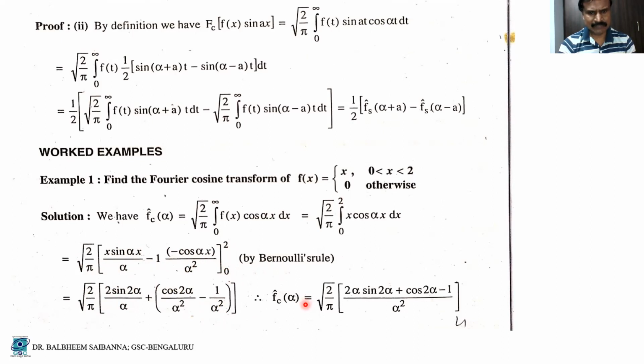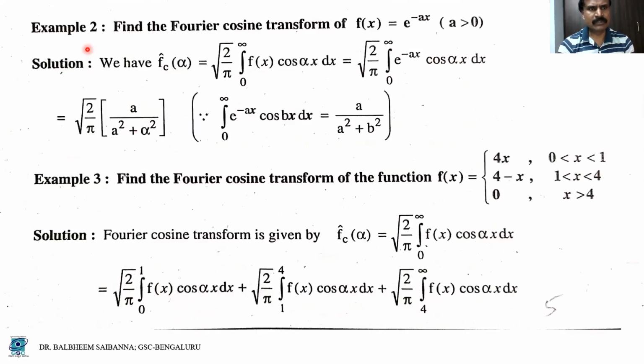Therefore, Fc(alpha) is equal to root 2 by pi times [2 alpha sin 2 alpha plus cos 2 alpha minus 1] by alpha square. How do we get it? You take alpha square as the LCM, and alpha is multiplied in the first term. This is the required Fourier cosine transform. Now let us go to one more example.